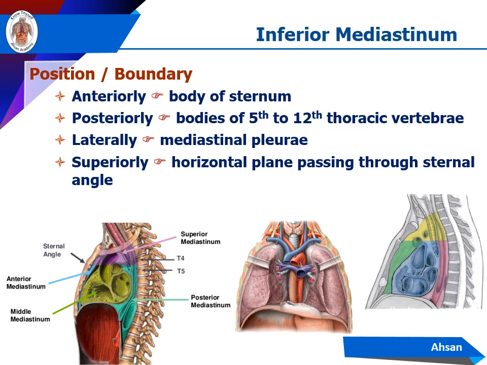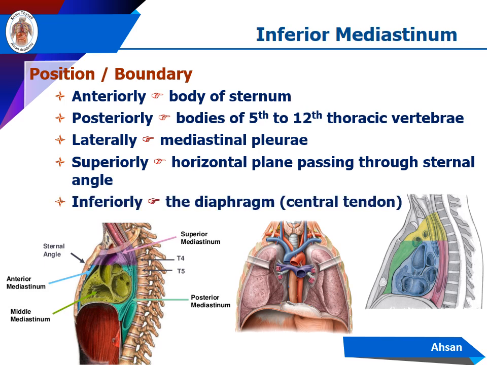Superiorly, it lies inferior to the horizontal plane passing through the sternal angle, and it rests on the central part of the diaphragm, the tendinous part known as the central tendon. This is the boundary of the inferior mediastinum as a whole.